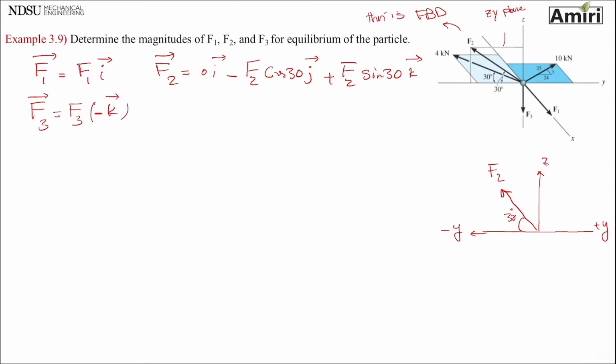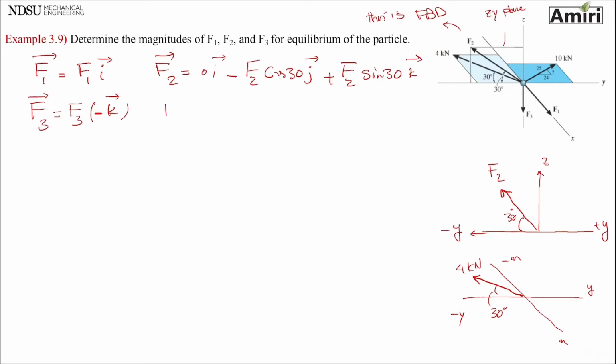F4, well, I don't know if we have F4 or not, but we have a 4 kilonewton. So let me draw that also. This one also is in the XY plane. So this is X, this is minus X, this is Y, this is minus Y, and we have a force with an angle of 30 degrees, 4 kilonewtons. So I don't know what to call it.